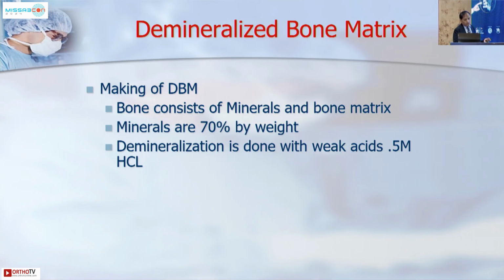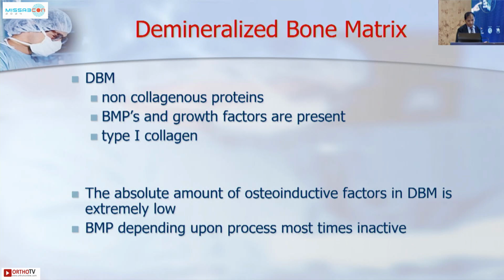How do we make the DBM? Bone consists of mineral and bone matrix. You demineralize using 0.5 M HCl. The absolute amount of osteoinductive factor, the BMP, in DBM is extremely low, and the BMP can be inactive.